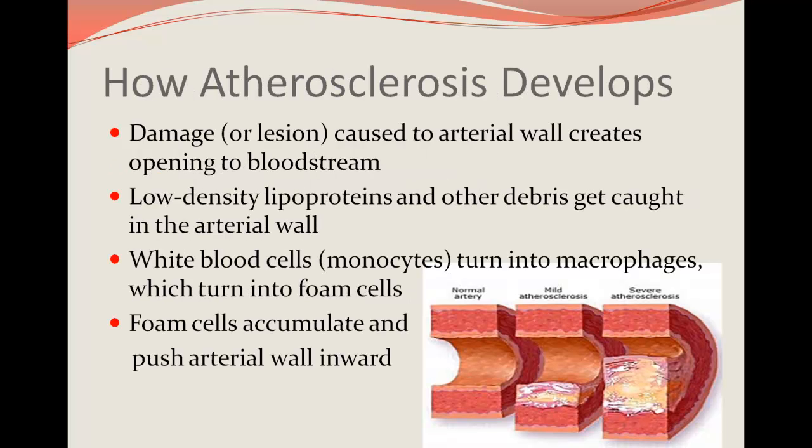Regardless, evidence indicates that atherosclerosis begins when damage occurs to an arterial wall. This can be the result of high blood pressure causing too much stress on the arterial wall, or by chemicals introduced from smoking. Regardless of how the damage occurs, the inflammation process begins when low-density lipoproteins, those are the agents that carry cholesterol through the blood, get stuck in the endothelium.